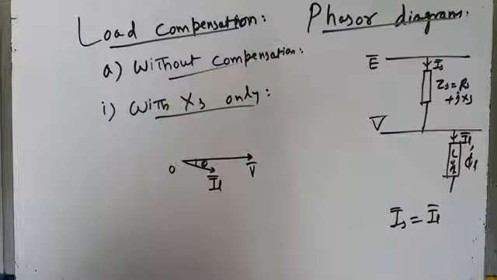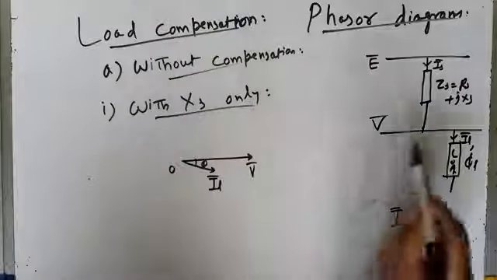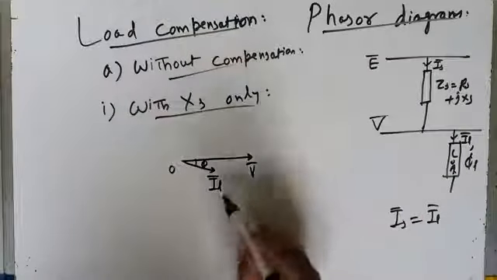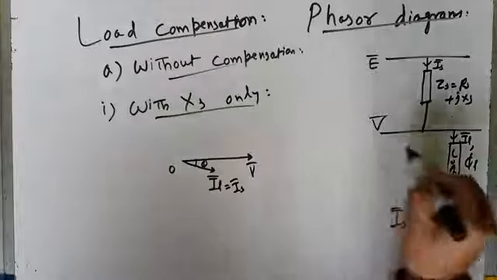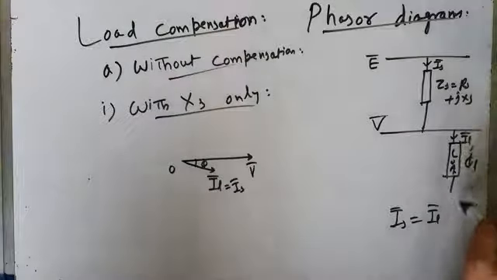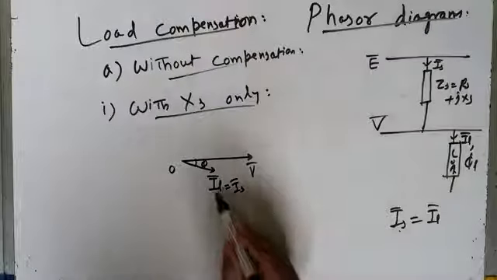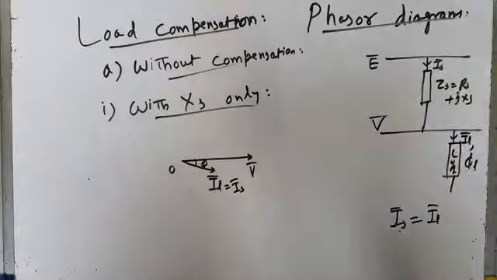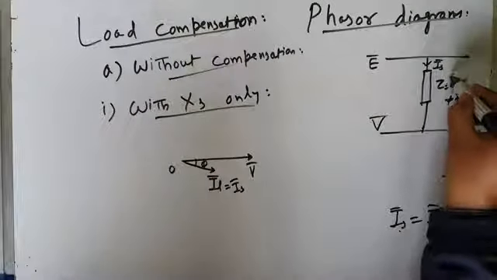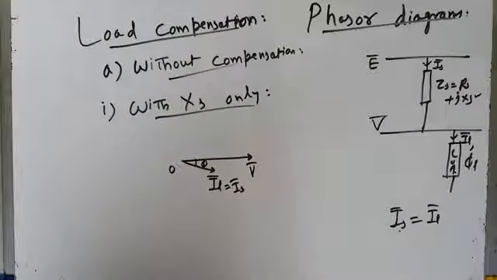Normally there would be an I into R drop, but IL is the same as IS, the source current, because there is no compensation. Whatever current is drawn by the load is the same as the source current, IS equal to IL. Since the feeder resistance is neglected, we consider only the reactance.